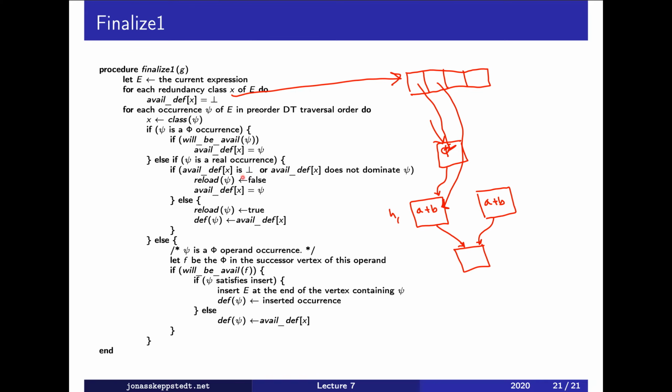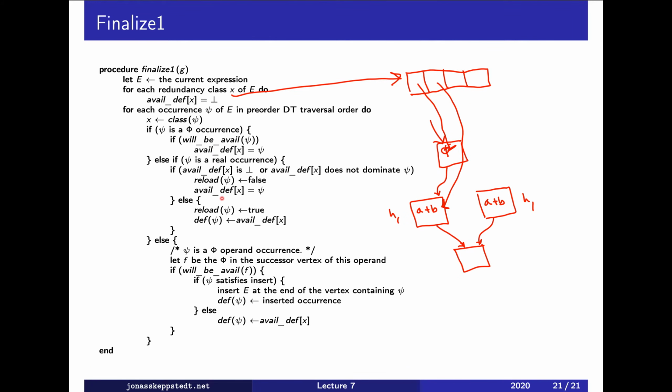The other alternative is that there is already something with this version, but it does not dominate the current occurrence, and that happens here. We can say this one is also h1, and when we come here eventually, we will get this pointer, and then we have to check that this one dominates that one, otherwise we cannot benefit from it.